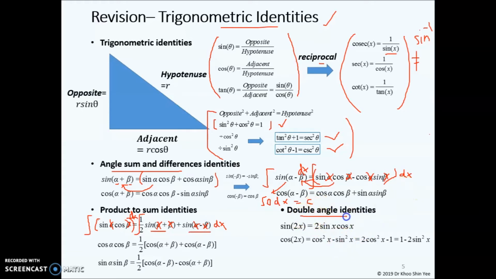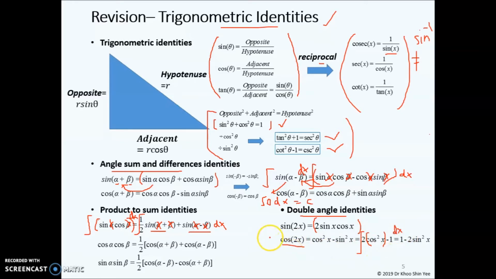Lastly, it will be our double angle identity. So if you have a product sine cos, okay, you can convert to sine 2 angle. So this is very useful, especially when you want to convert the cos square x into cos 2x. So if you want to integrate this, it is difficult.